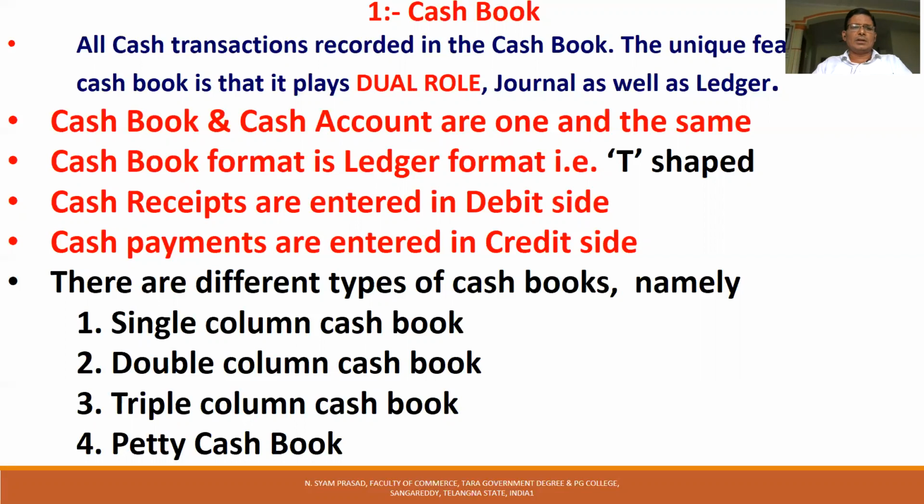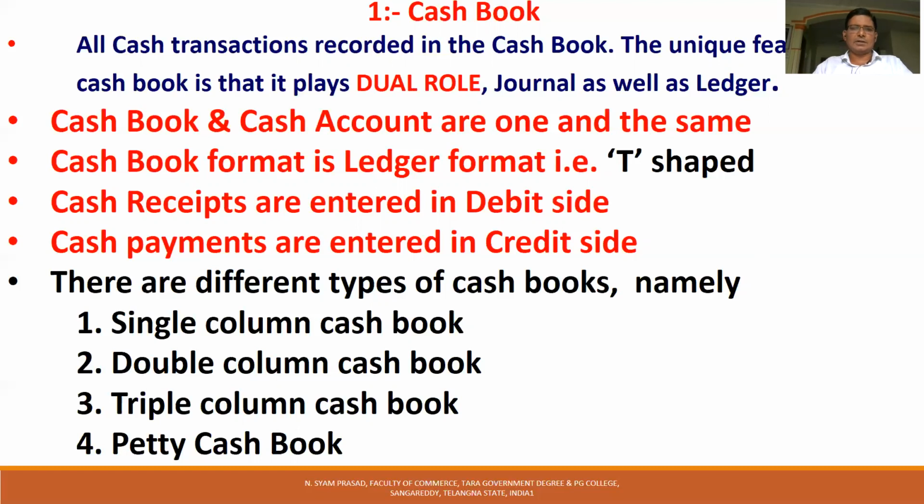In real-time analysis, there are 4 types of cash books: single column cash book, only with a cash column; double column cash book, that is a cash column as well as a discount column; triple column cash book, not only a cash column but also a bank column and a discount column; and lastly the petty cash book, for very small expenses, where the cashier records petty cash.